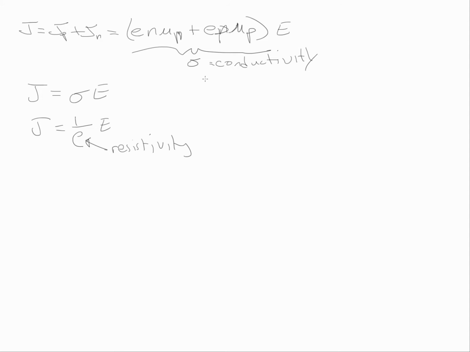And conductivity is in ohm per centimeter to the minus 1. And this is ohm centimeter. And so by doping, we can control the conductivity of a semiconductor. So doping controls conductivity.